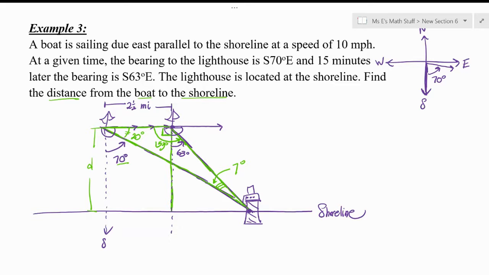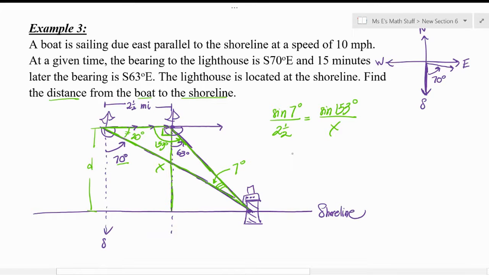Opposite 7 degrees we have 2.5 miles, so that's your complete ratio right there: sine of 7 degrees over 2.5 miles. Since I'm trying to find the longest side in that oblique triangle, I would set up a partially complete ratio of sine of 153 degrees over, and I'll just call that distance x.